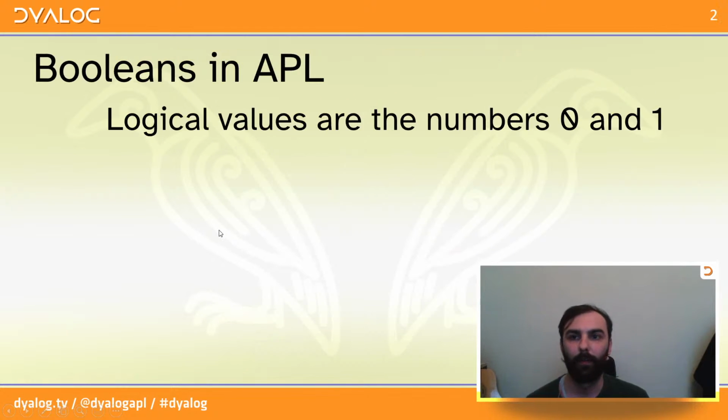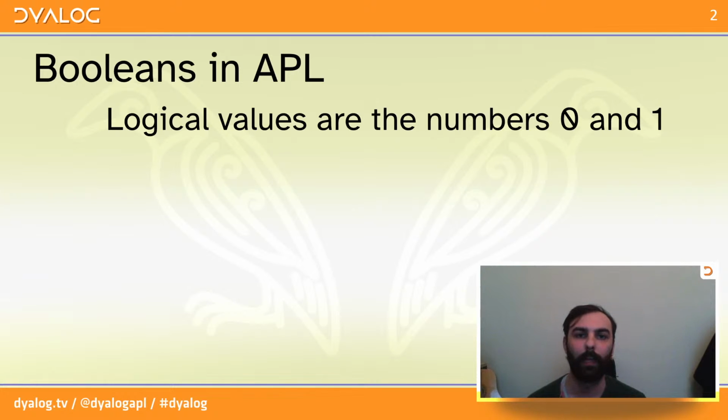So, Boolean data is quite useful in APL. One of the features is that logical values are just the numbers 0 and 1. This is in contrast to some programming languages which have distinct Boolean data types which might be represented, for example, with the words true and false, but they're treated differently to numbers.